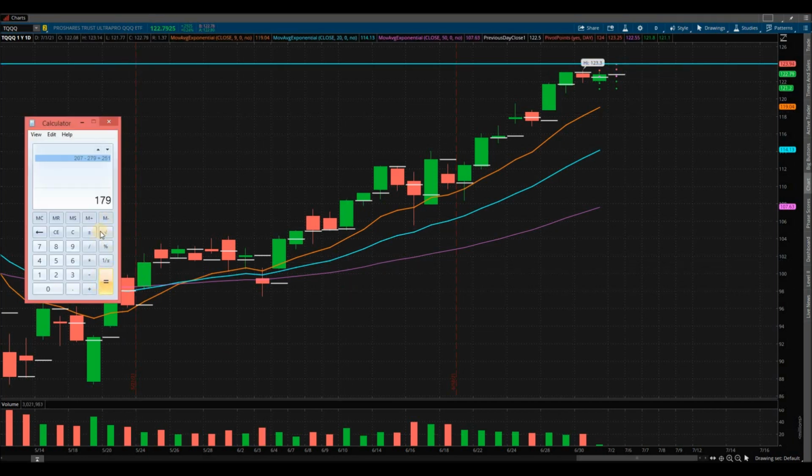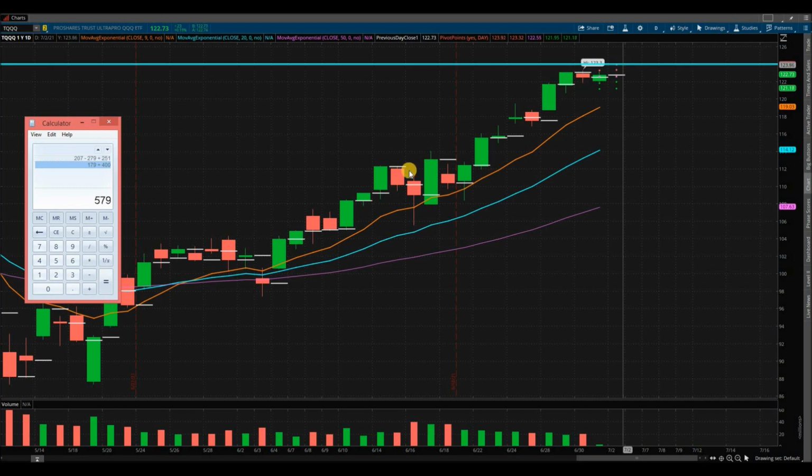So if it does close above 124, I would get this additional $400 for a total profit of $579. So the benefit of rolling a call is if you think the stock is going to continue higher and you want to capture more of the actual underlying stock move, but you can also capture premium from selling these calls as well.